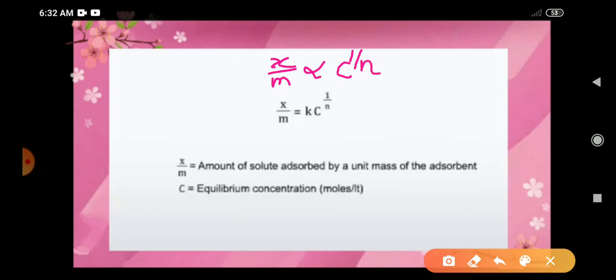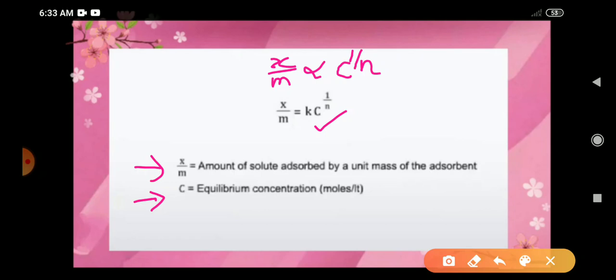When we remove the proportionality sign, we get x by m equals k c to the power 1 by n. What is x by m here? x by m is the amount of solute adsorbed per unit mass of adsorbent, and C is the equilibrium concentration, in moles per liter.